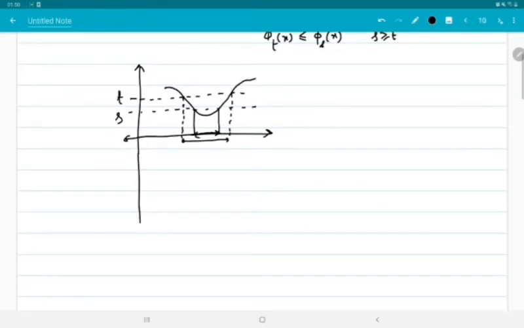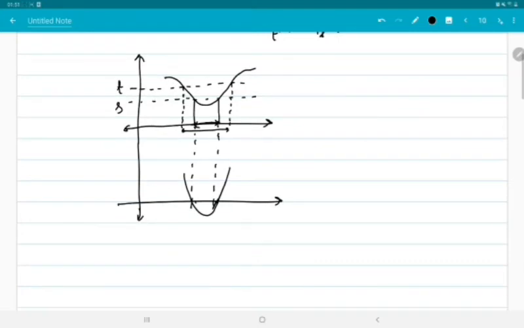So what I am doing now is I take a convex function, or rather I should draw it upright. Now I take a convex function such that this is the 0. This part is the 0 sublevel set of this convex function, and for the next one it will be like this.